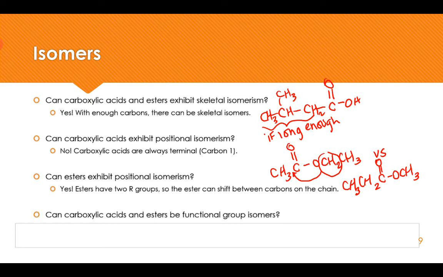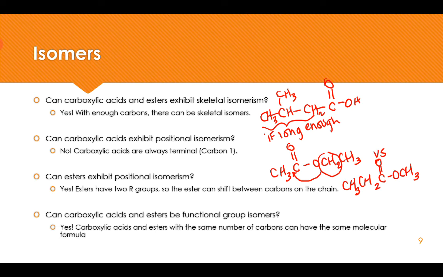Can carboxylic acids and esters be functional group isomers? Functional group isomers have the same chemical formula but different functional groups. And yes, carboxylic acids and esters with the same number of carbons will have the same molecular formula. So I'm going to try to draw one out.